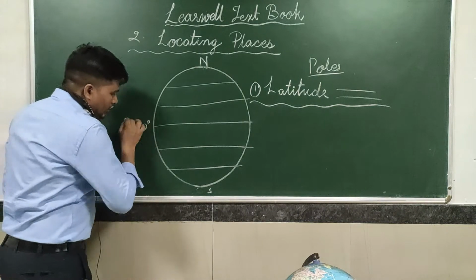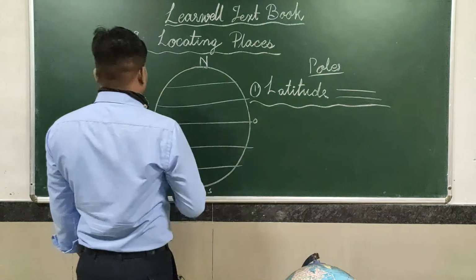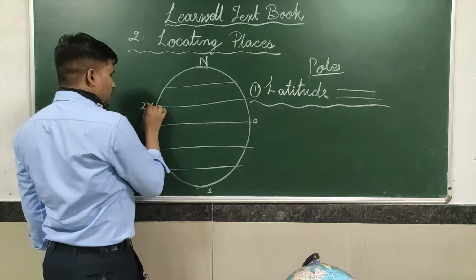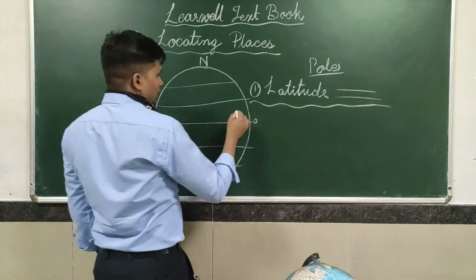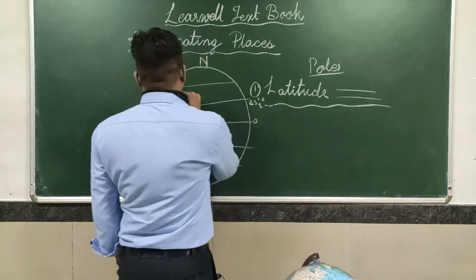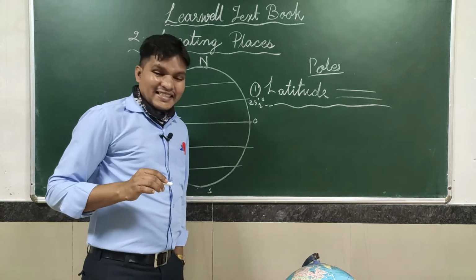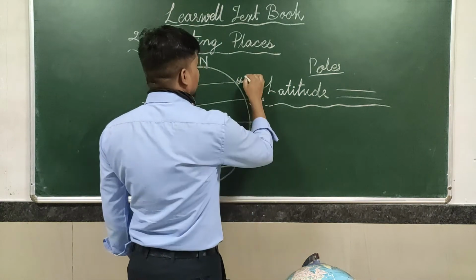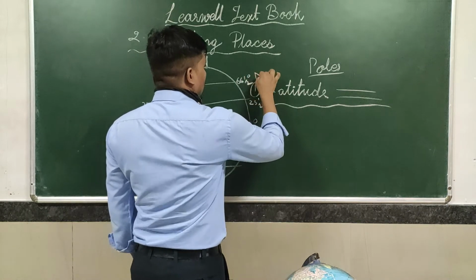This is called 0 degree latitude. This is called 23 and a half degree latitude. This is 66 and a half degree north latitude.